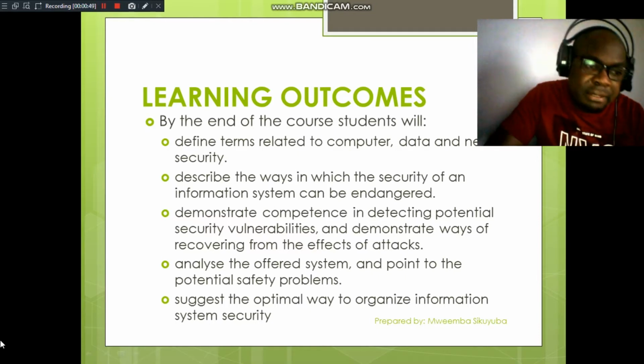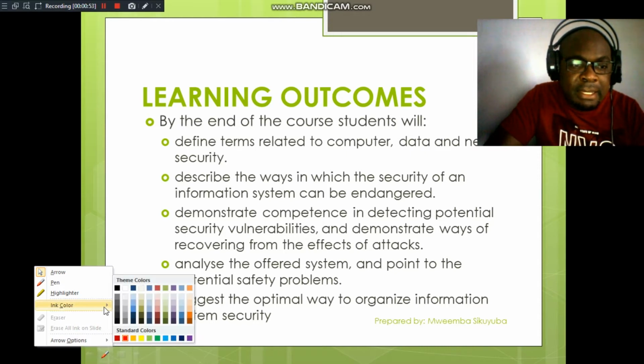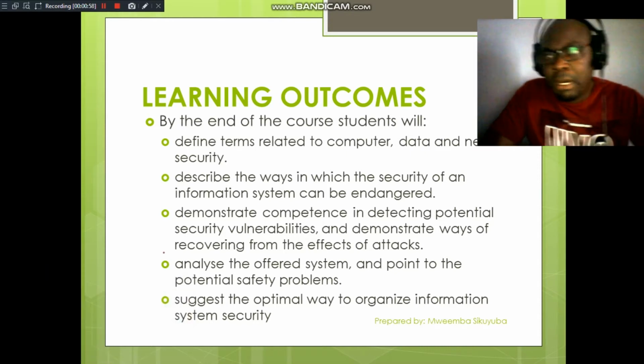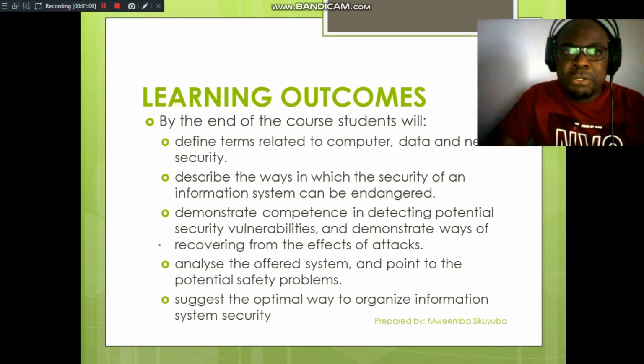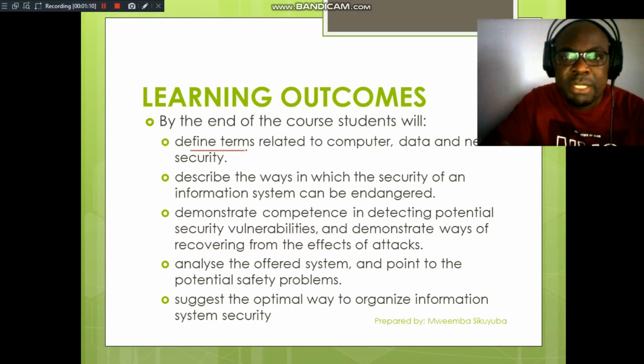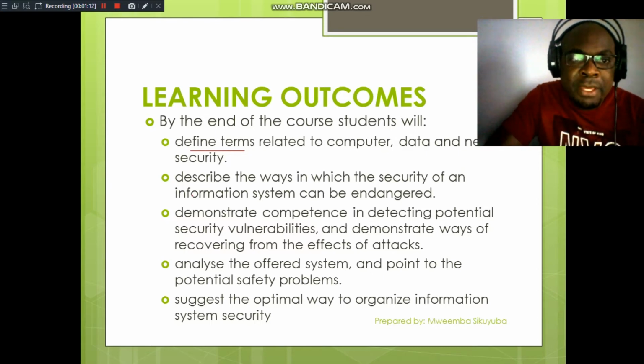We are going to go through all these learning outcomes so that at the end of it, you should know what is expected. Learners will be able to define terms related to computer, data and network security.